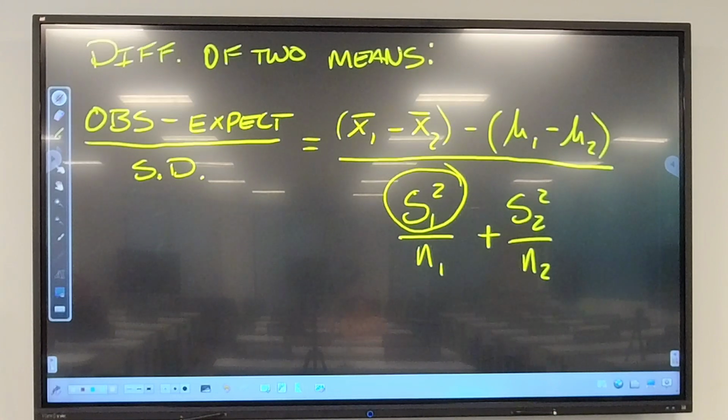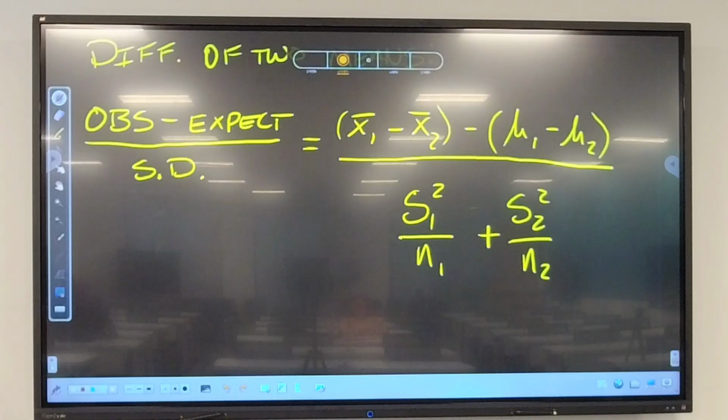What was the definition of standard deviation? How did we derive that standard deviation?